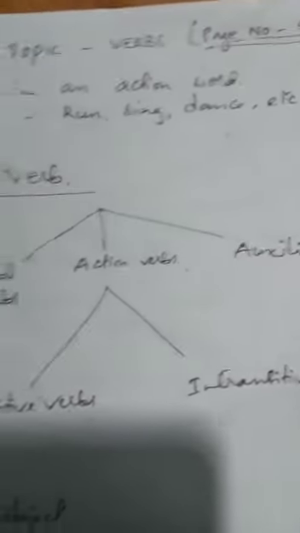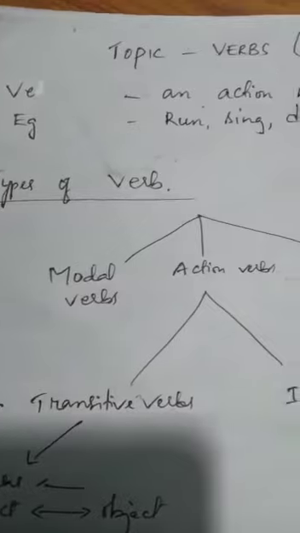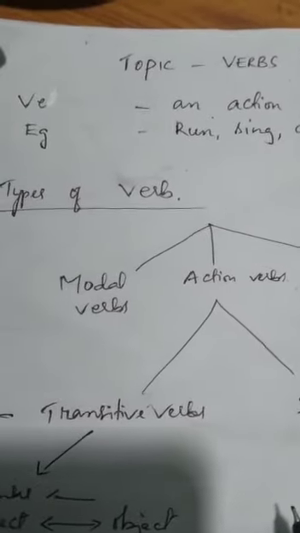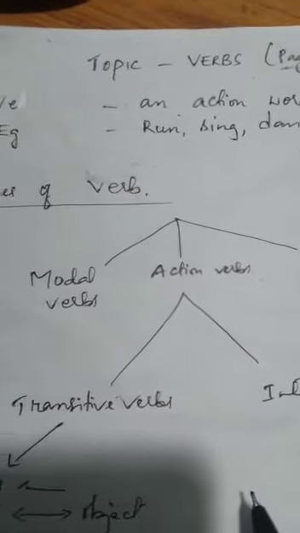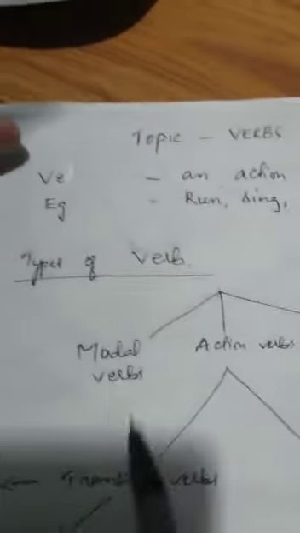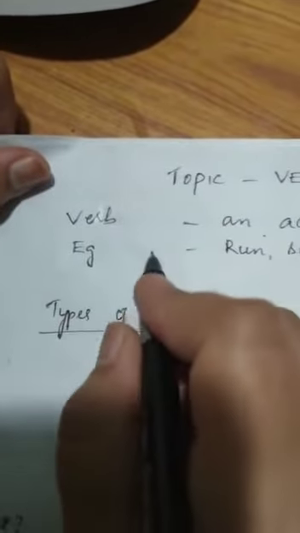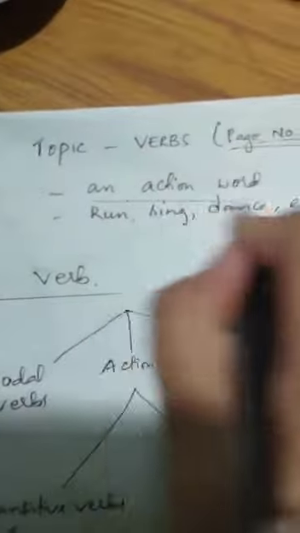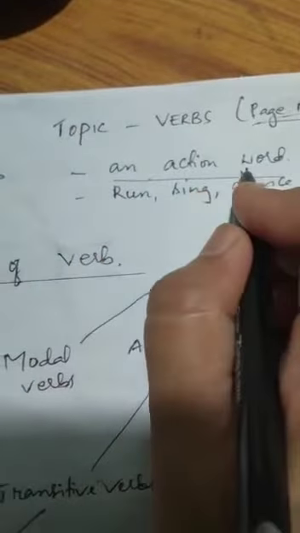So here, before we go further into the topic, first of all let us understand what is a verb. So here, what is a verb? It is an action word, okay? A verb is an action word.